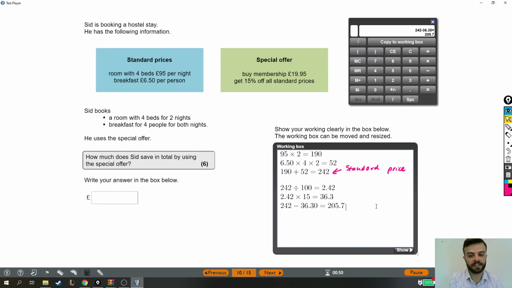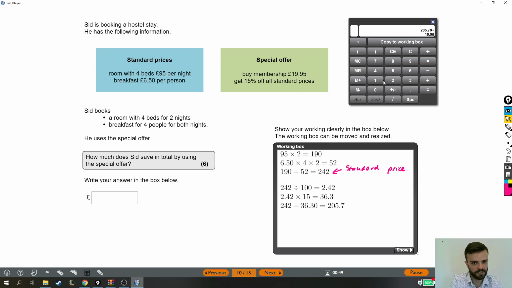However, the one thing we haven't taken into account yet is that he doesn't just get the discount, he doesn't just get 15% off. He has to pay a membership fee of £19.95. So £205.70 might well be how much he pays for all the rooms and the breakfasts and stuff, but on top of that price, he also has to pay £19.95.